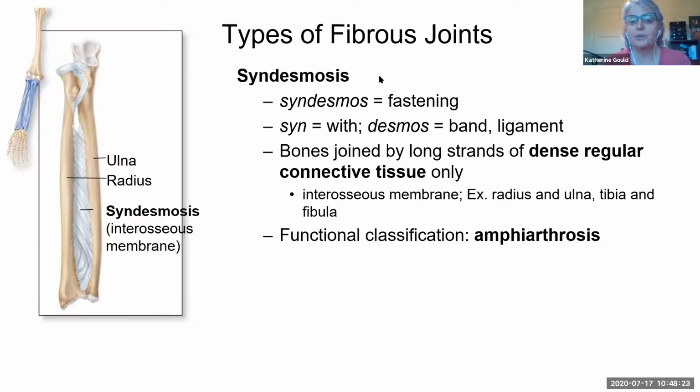Syn meaning with, desmos meaning a band or a ligament. So literally they're held together with ligament. Like I said, these are dense regular connective tissue bands. They do have some movement in it so that we can rotate those joints.